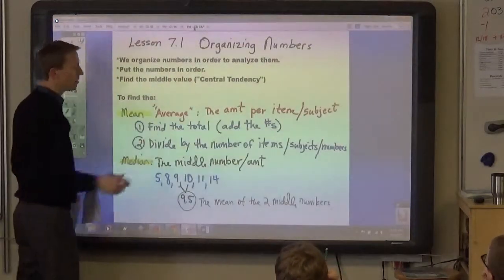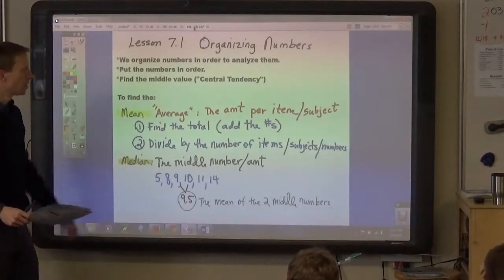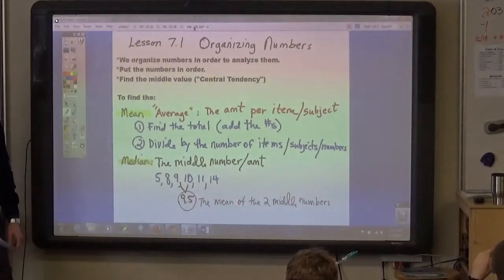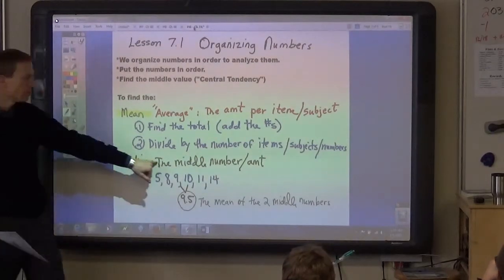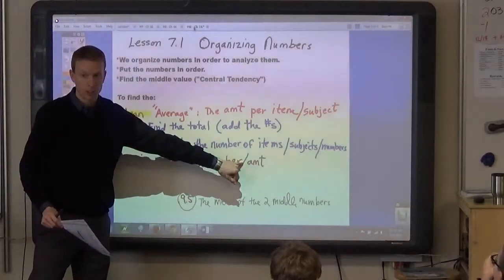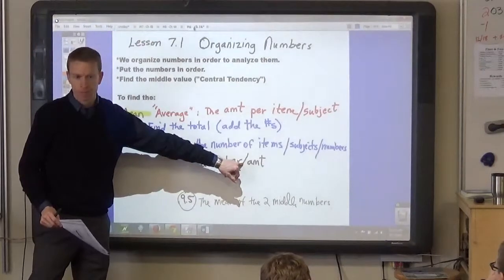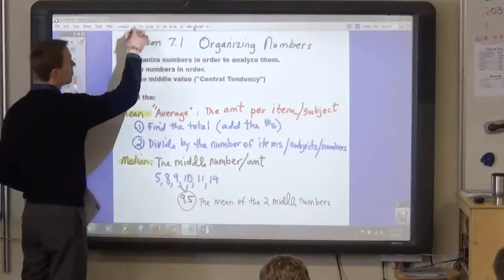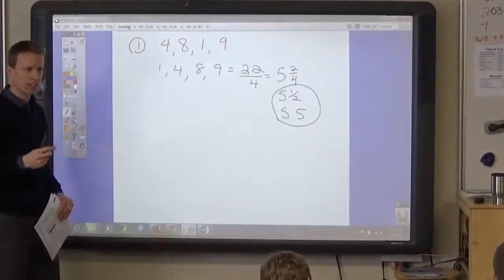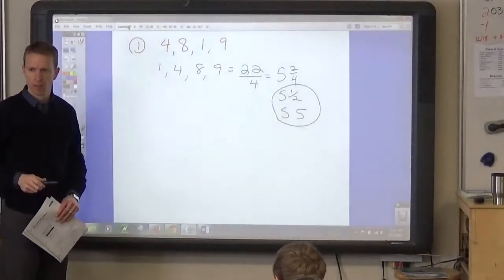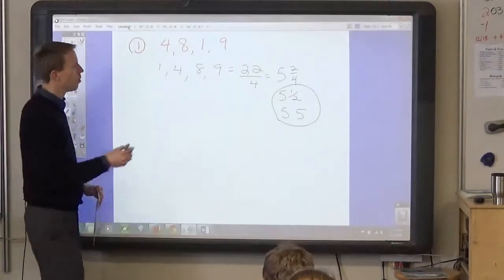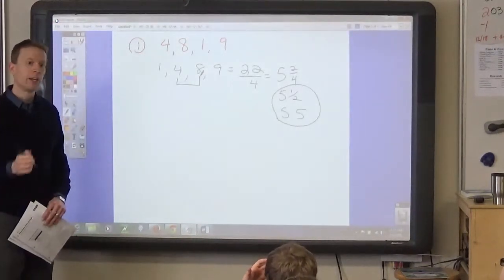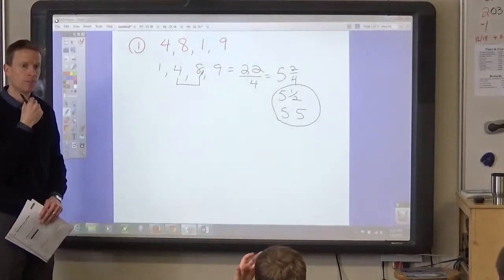The median is another way of finding the middle, or the central tendency. Okay? It's the middle number or the middle amount. It may not be listed. Since in our example there are 4 numbers, is there a middle number? No. Both of these are in the middle, aren't they? So here's what you do when they're both in the middle.